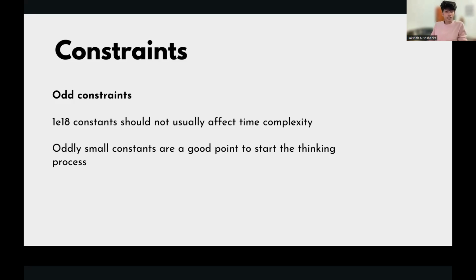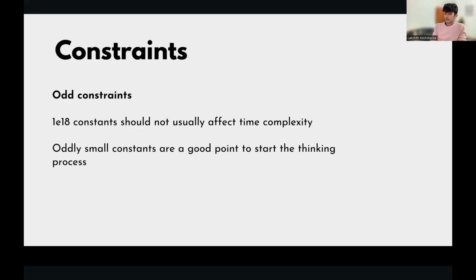Okay. Another thing is, input sizes like 10 to the power 5, 10 to the power 7, 10 to the power 3 are pretty common. And usually for integers, even if the solution does not depend on the size of the integer, for example, if you get a list of integers and the task is to sort them, the integer range does not matter.